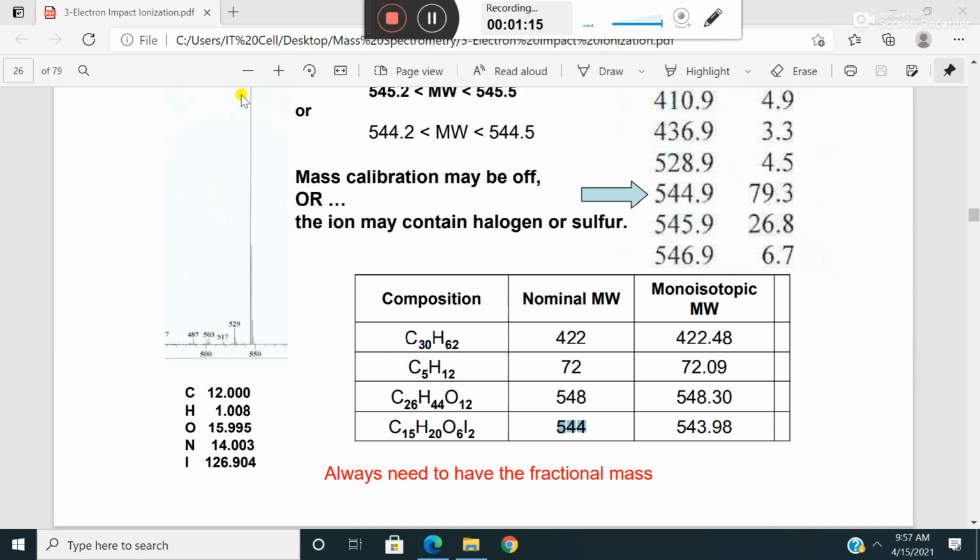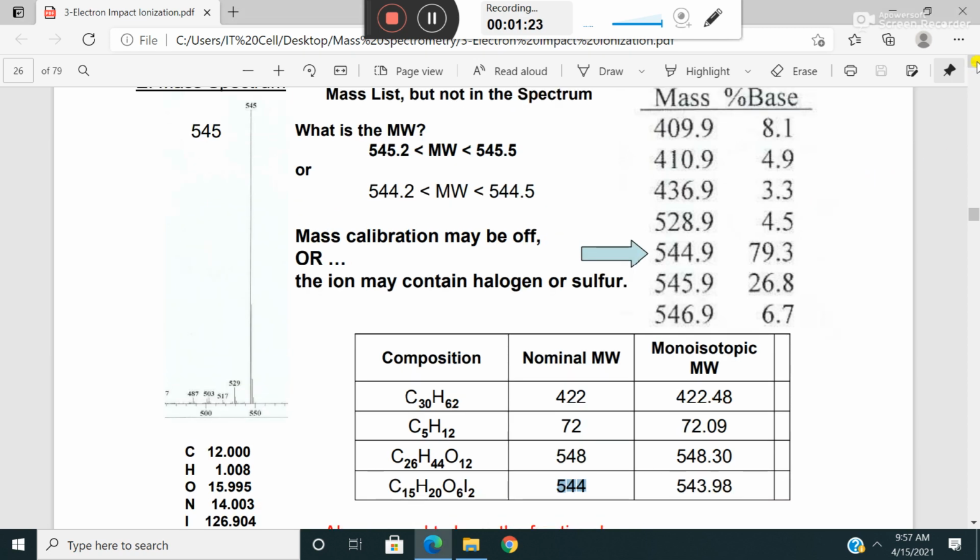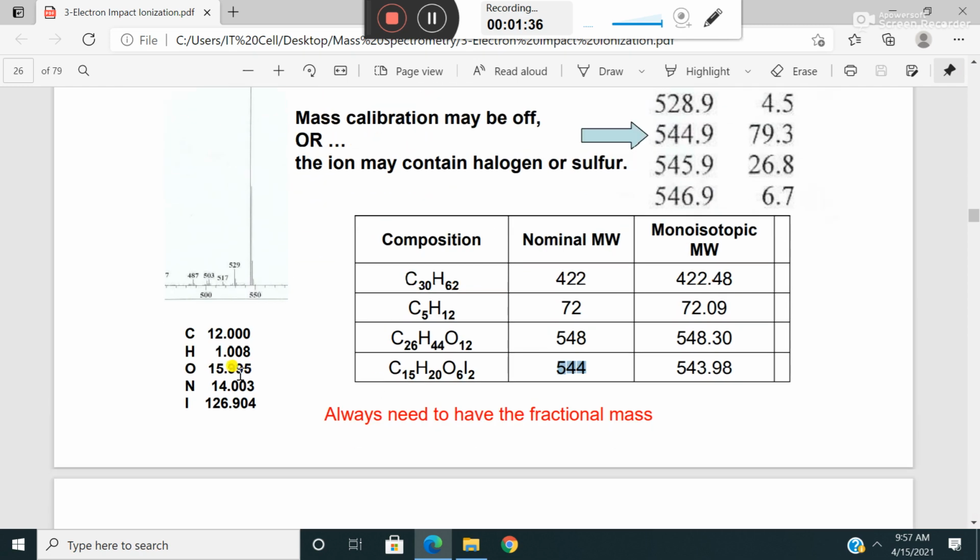Because the pattern, you already know, if you look at the intensity of these, I'm considering the intensity if that is only carbon, hydrogen, oxygen. So for that, carbon is how much? Carbon, hydrogen and oxygen. Where is that list of mass? Here it is.